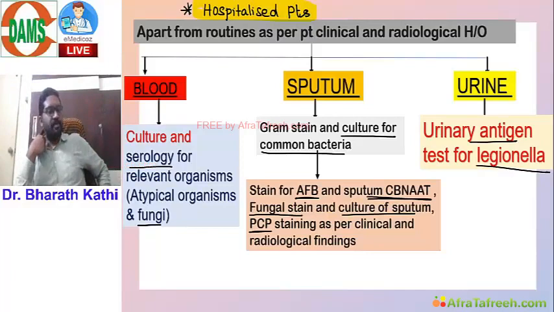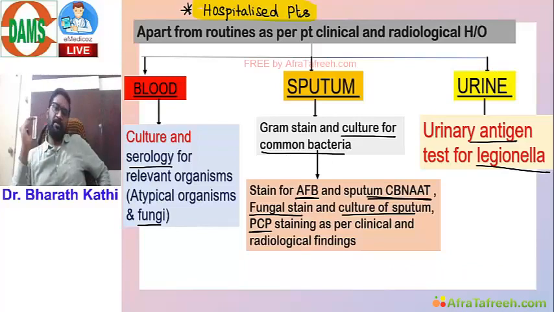In the blood you can send culture, serology for relevant organisms, sputum gram staining and culture for common bacteria. Along with that, if you suspect tuberculosis, AFB staining, CBNAAT, fungal staining and fungal culture of sputum, PCP staining, and if you are suspecting Legionella, urinary antigen test for Legionella.